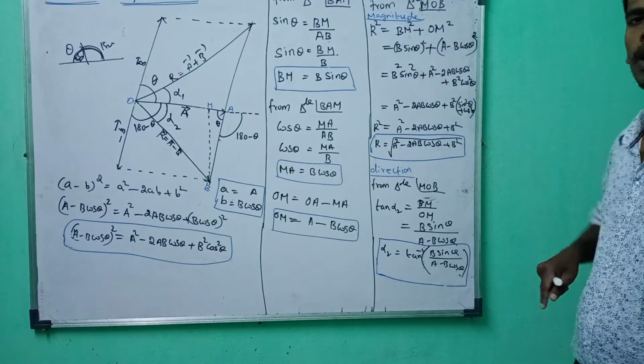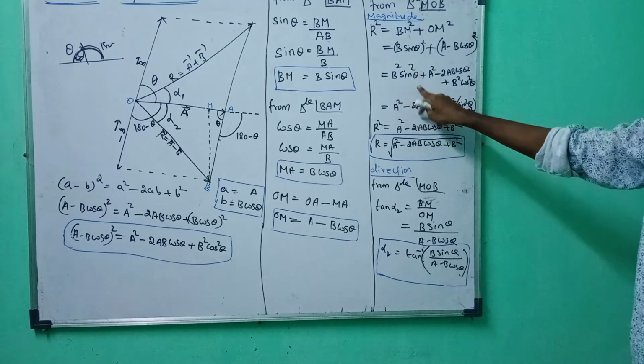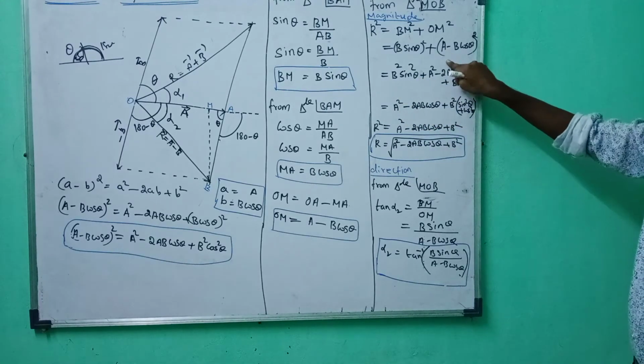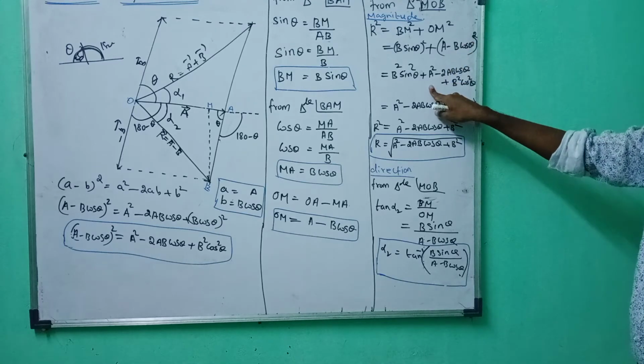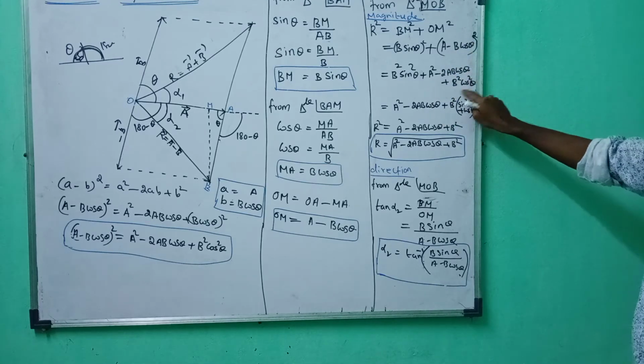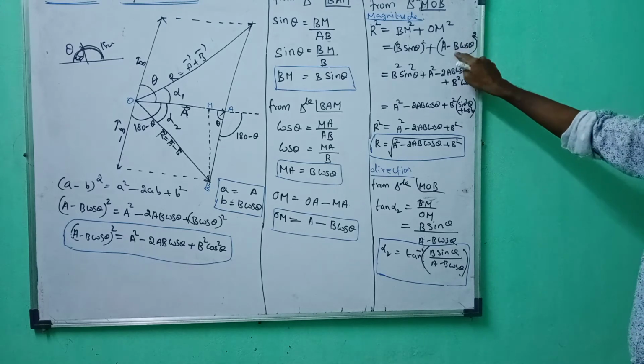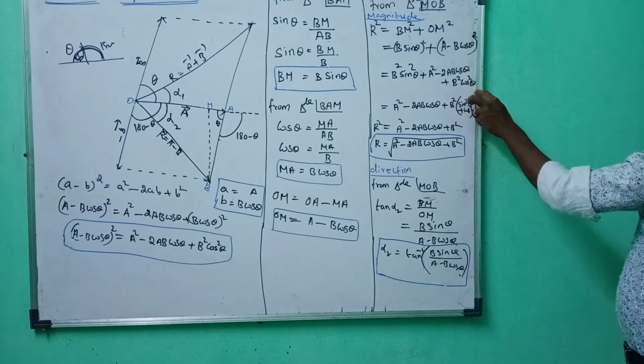B sin theta the whole square means B square sin square theta, plus A minus B cos theta the whole square. What is the formula? A square minus 2AB cos theta plus B square cos square theta.